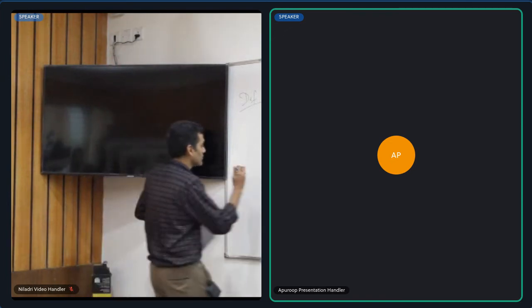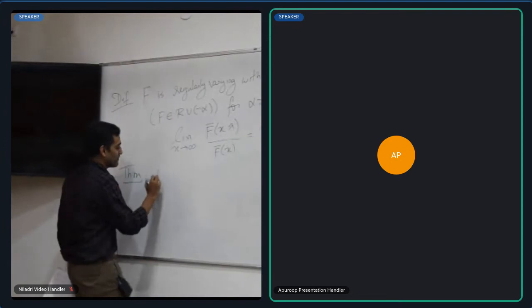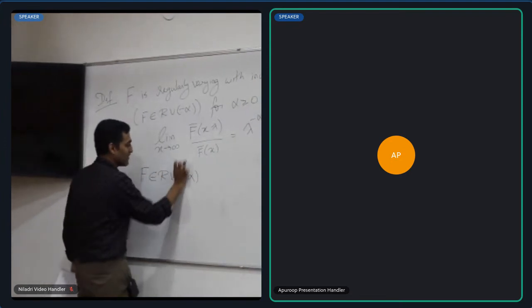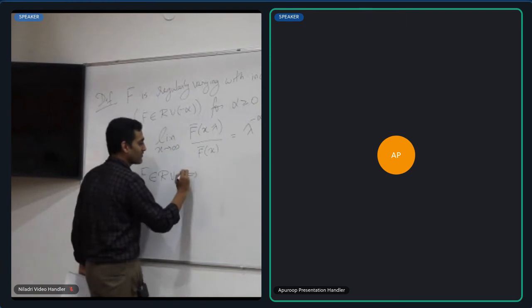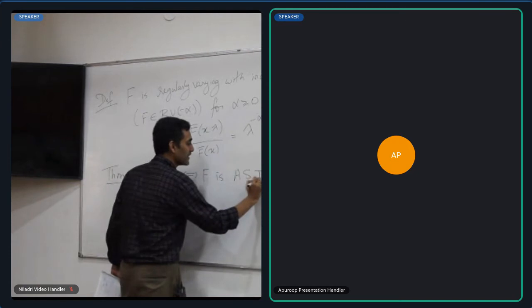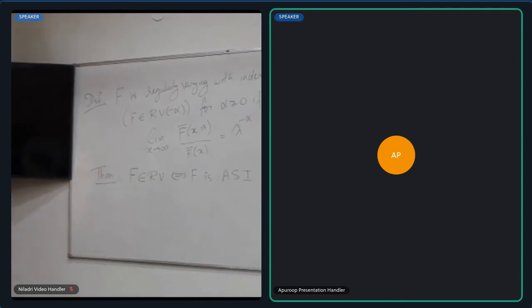It is implicit in what I just said that f is regularly varying is equivalent to saying that f is asymptotically scale invariant. So asymptotic scale invariance is exactly regular variation.